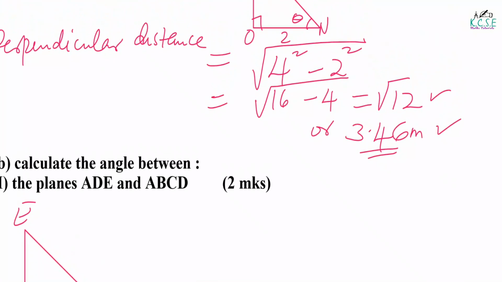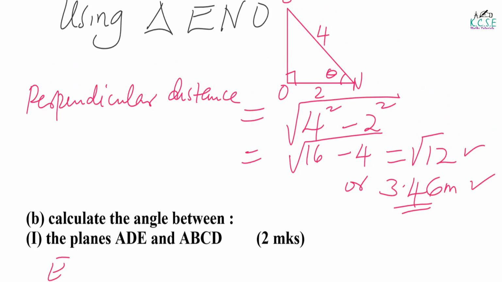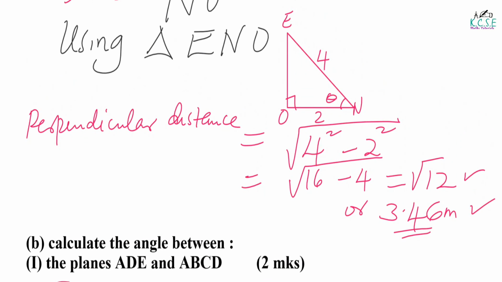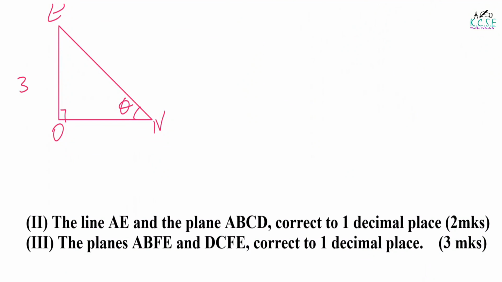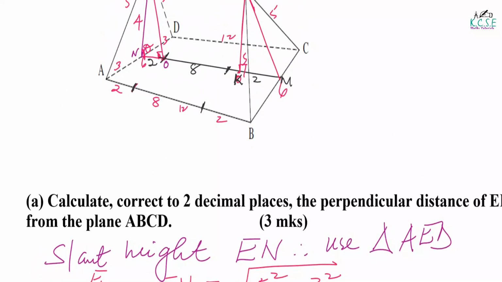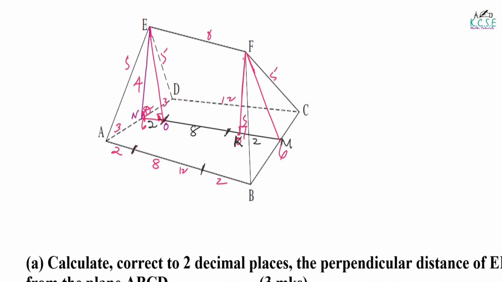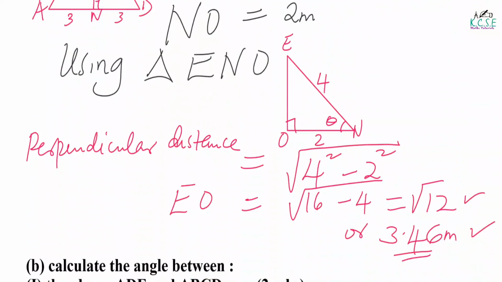And since we have the height, we have EO. So the perpendicular height here was EO, which equals 3.46. Then this was 4, this is 2. This angle represents the angle between the plane ADE and the base ABCD. So that is the angle.